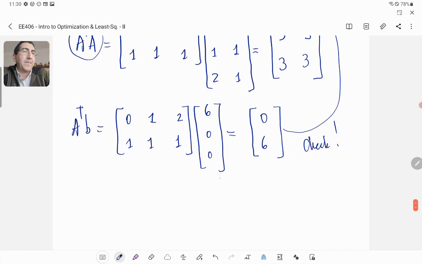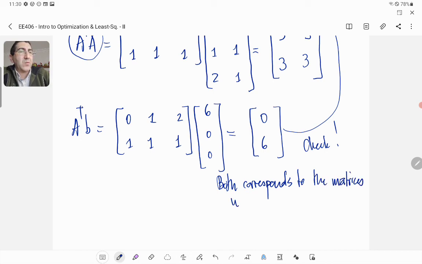So both correspond to the matrices we obtained with explicit derivatives.